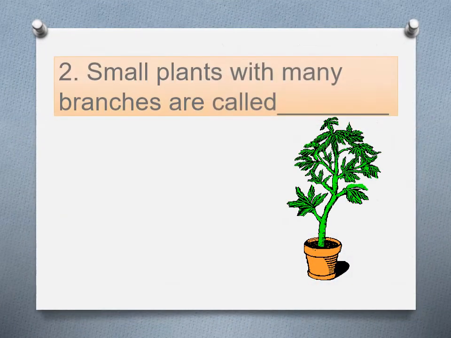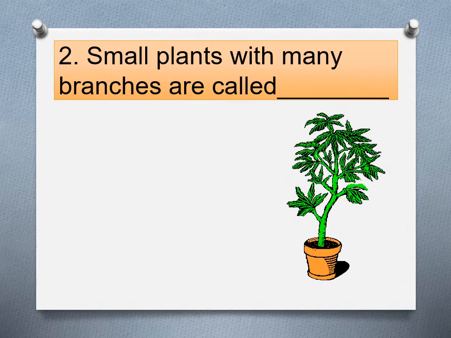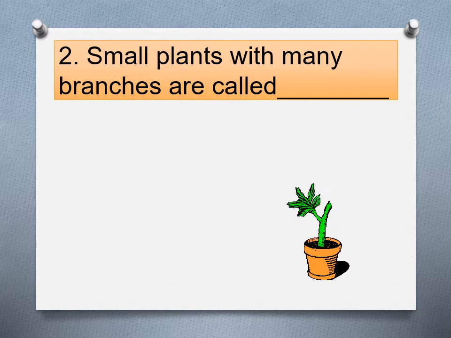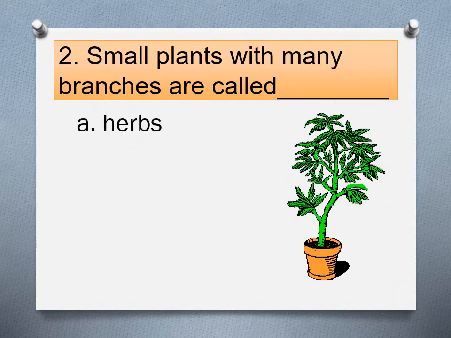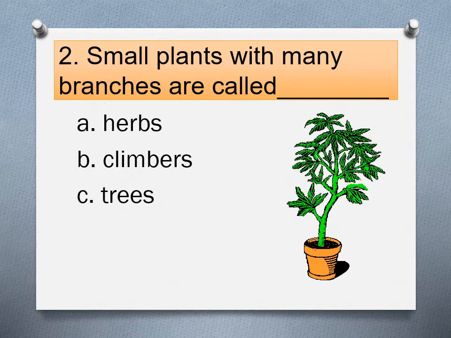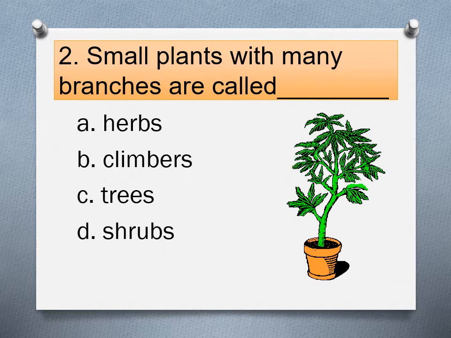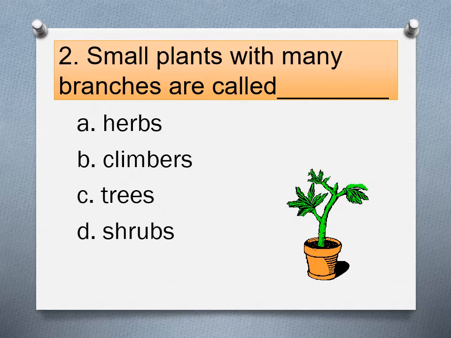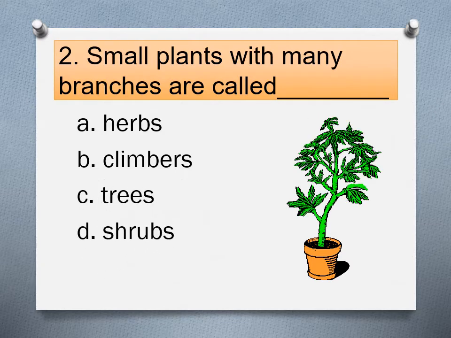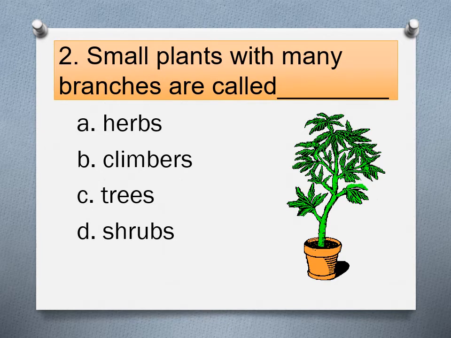Question 2. Small plants with many branches are called A, herbs. B, climbers. C, trees. D, shrubs. So can you guess, children, which is the correct answer? Yes, it is shrubs. Shrubs is our correct answer.